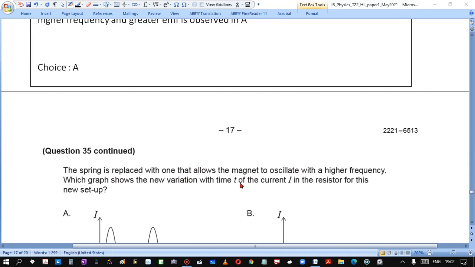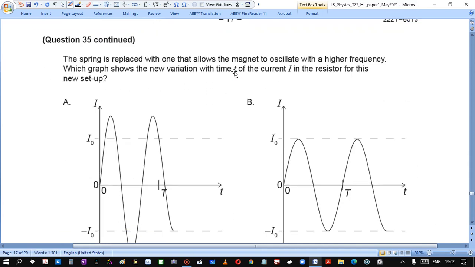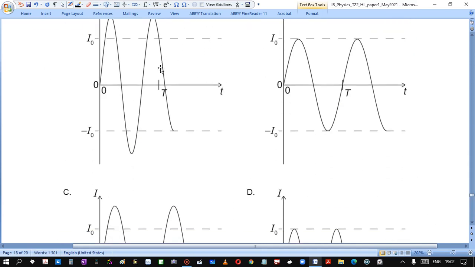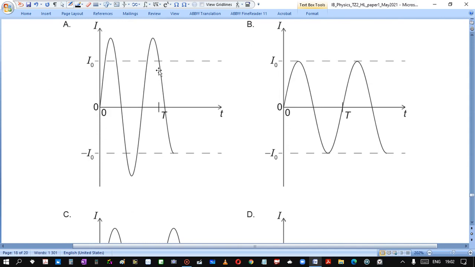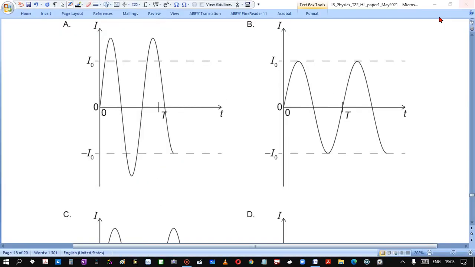Which graph shows the new variation with time of the current in the resistor for this new setup? So with higher frequency, greater current and EMF should be observed. Higher frequency is here, and we have a smaller period, which means higher frequency. So choice A is the best choice here.